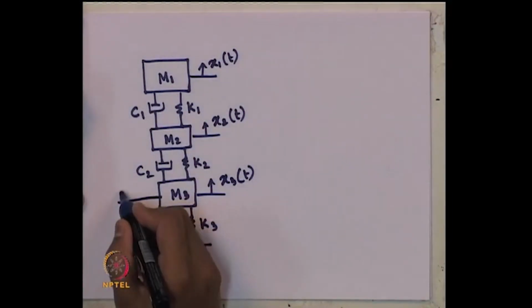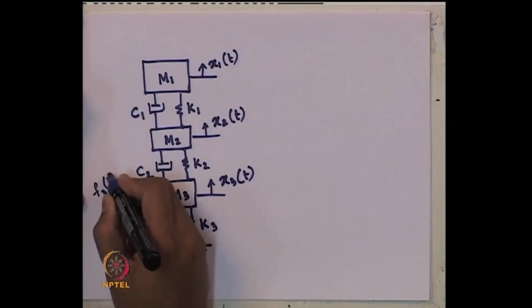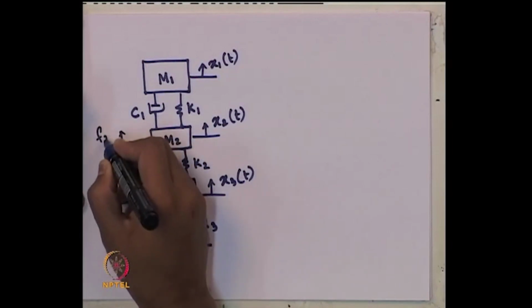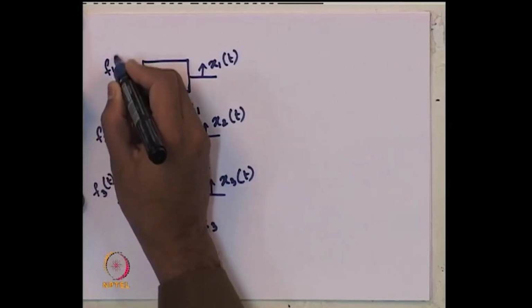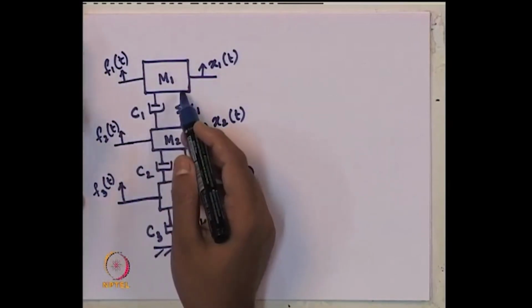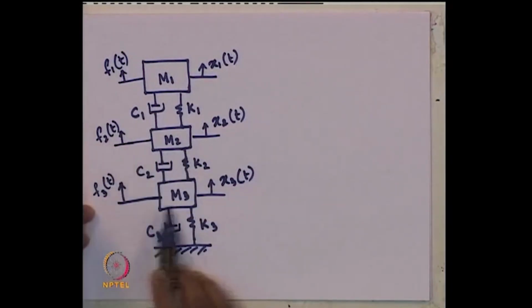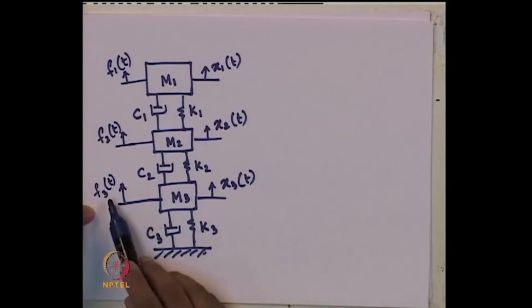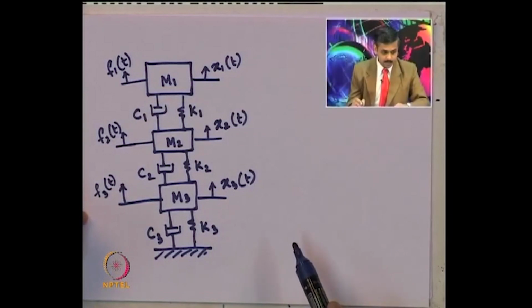And the externally applied dynamic loads are F1(t) on this first mass, F2(t) on this second mass M2 and F3(t) on this third mass M3. So, these are the externally applied dynamic loads on the system.